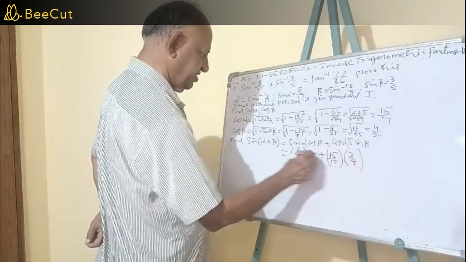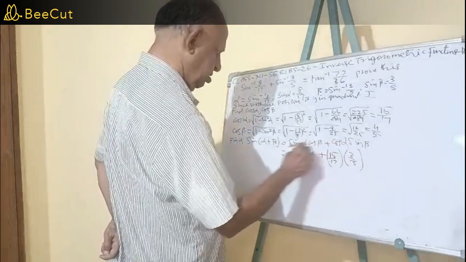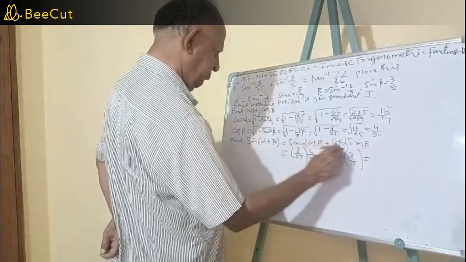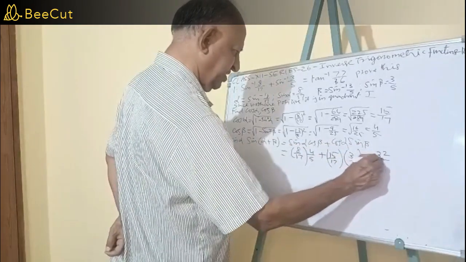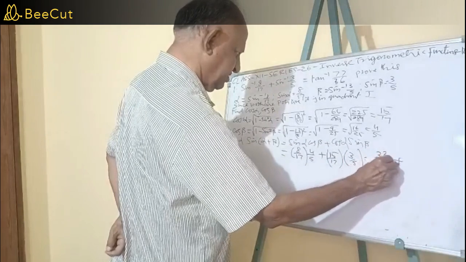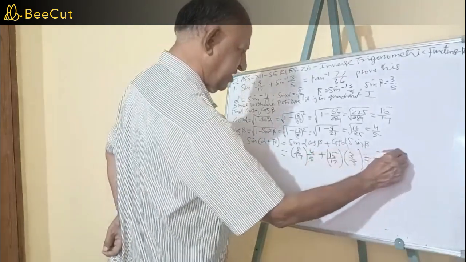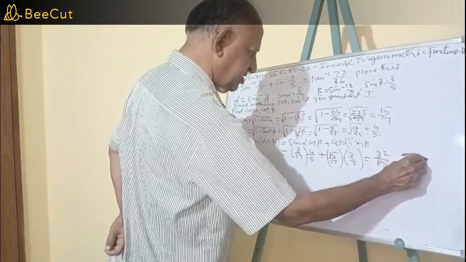If you simplify this, it is equal to 32 by 85 plus 45 by 85, which is equal to 77 by 85.